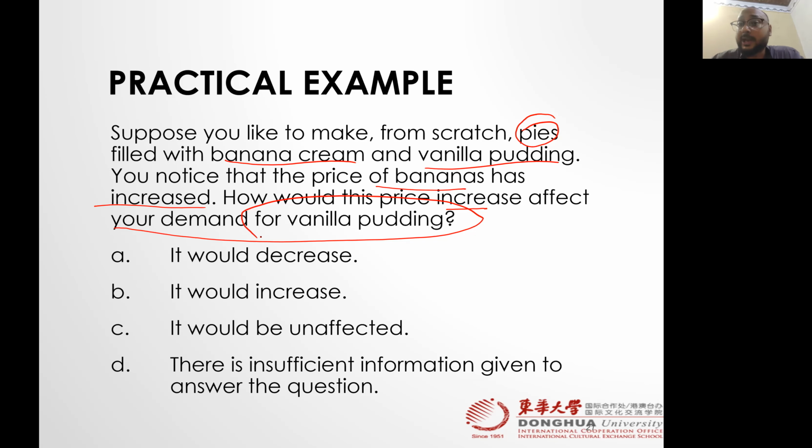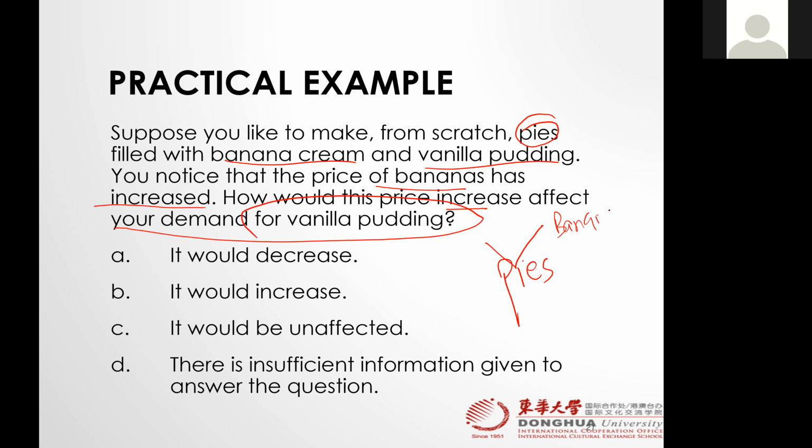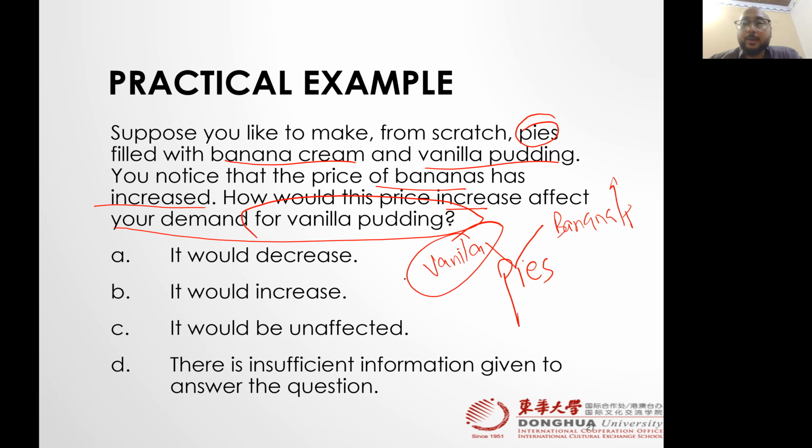Remember, your main product is pies, and pies are made of banana and vanilla pudding. So if the price of banana increases, what effect does it have on the demand for vanilla?